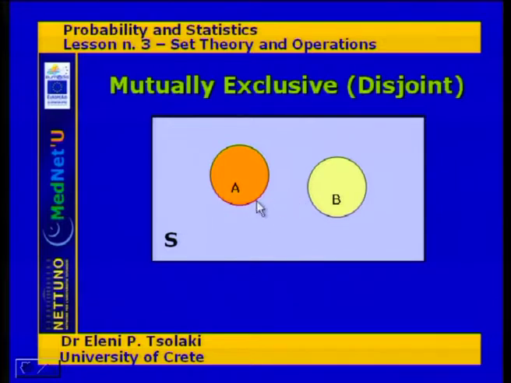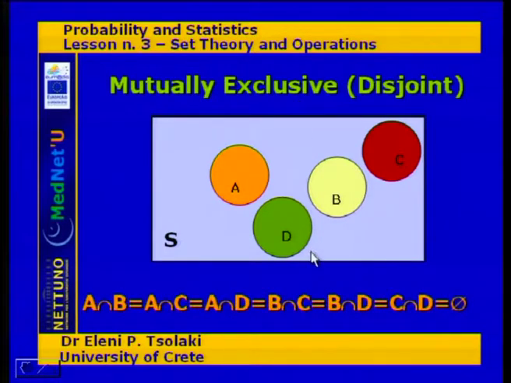We see that they do not have any area in common. So we have event A, event B, they are called disjoint. If we have more events that do not have any common elements with any other events, they would be called mutually exclusive.